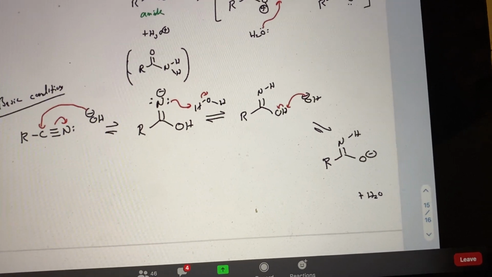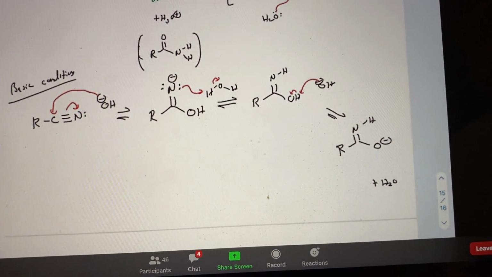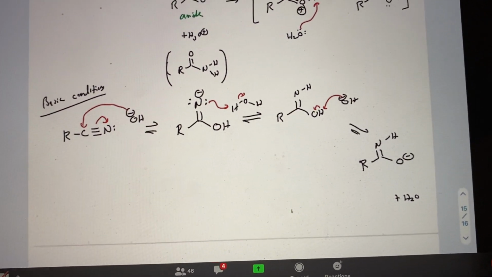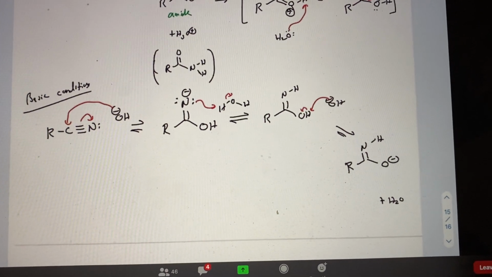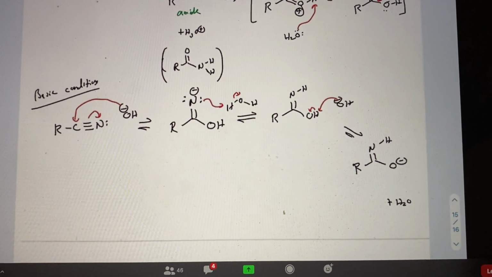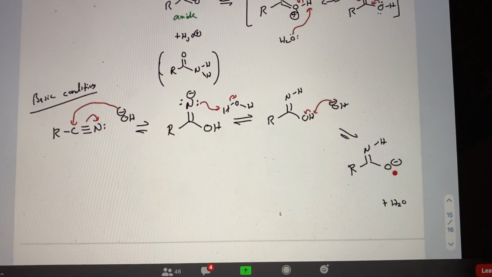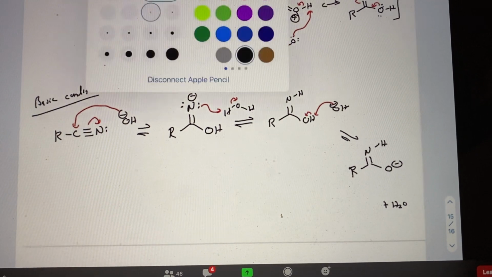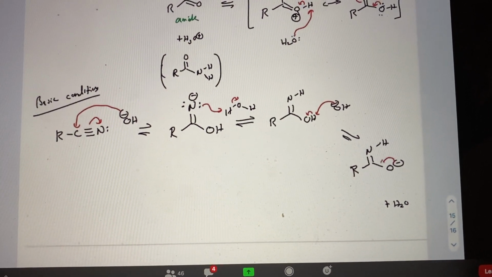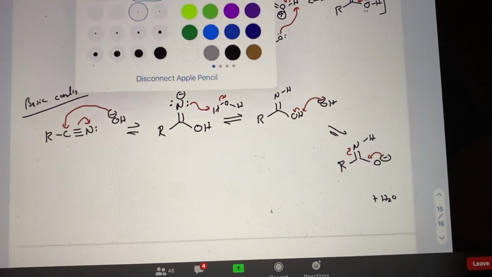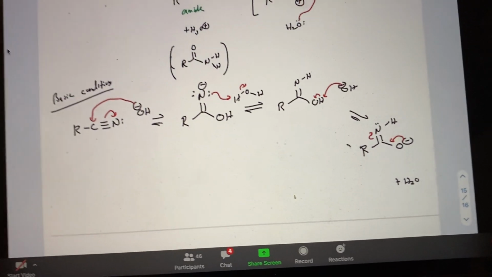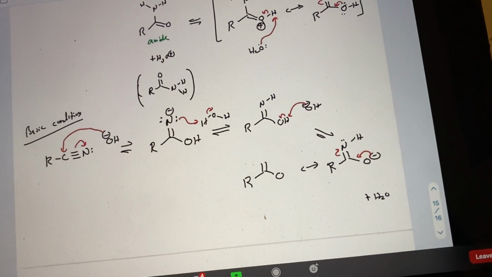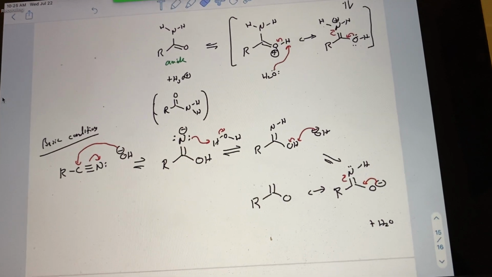And kind of like what we saw with the acidic conditions, where the positive charge was delocalized by resonance, which allowed us to deprotonate this oxygen, this negative charge here doesn't reside solely on this oxygen, but we can also draw a resonance structure showing that it's delocalized. So let's move these electrons to resonance here and onto this nitrogen. And to help show this, the nitrogen had a lone pair, so in our resonance structure, oops, I forgot to move the electrons.